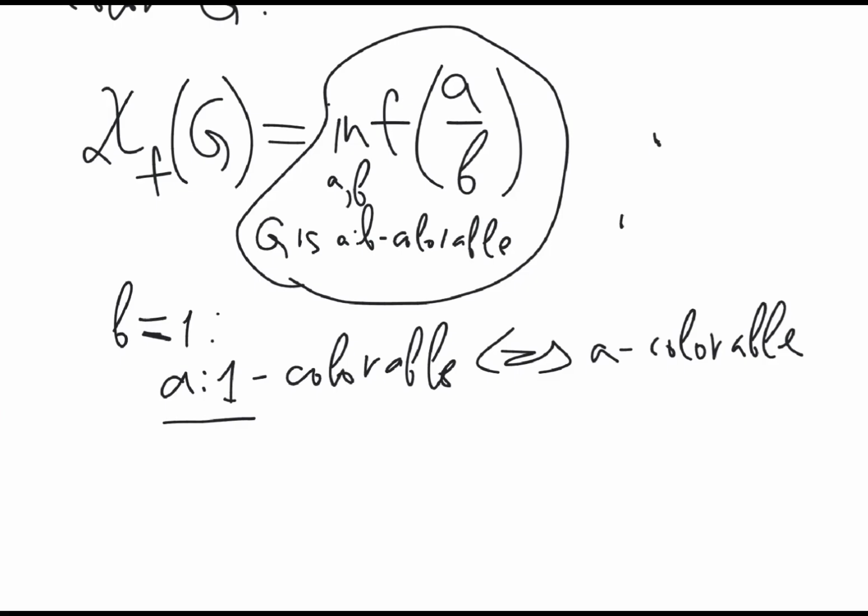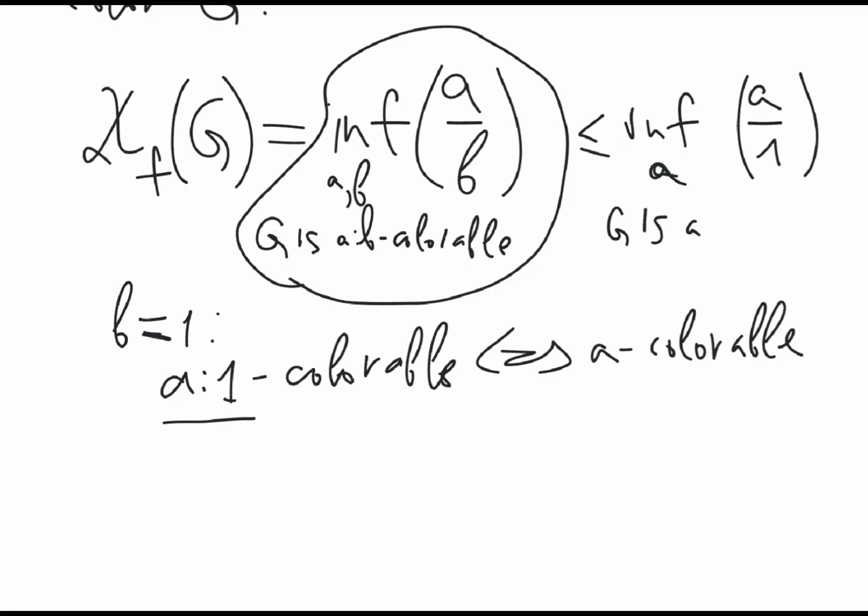So since it is a subset of all possible parameters, the infimum would be less or equal than the infimum over all a of a over 1 such that G is a colon 1 colorable.